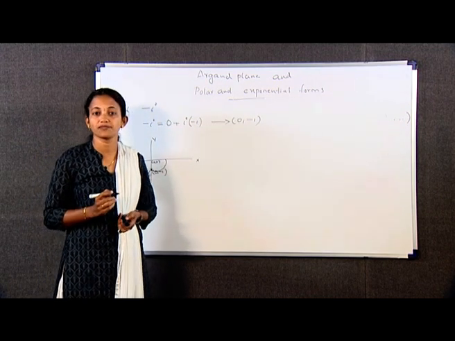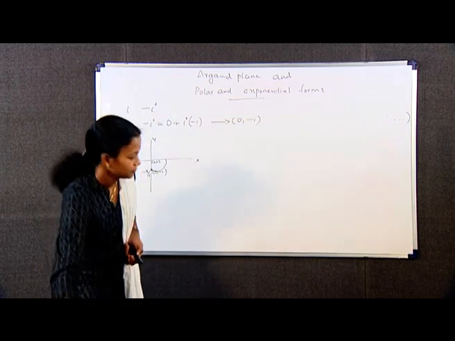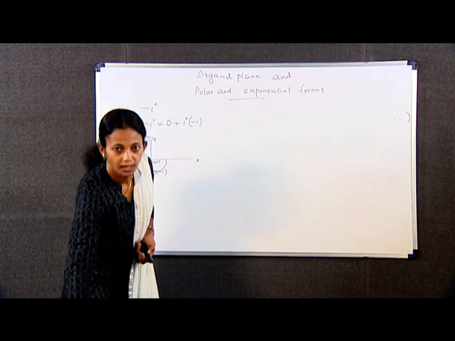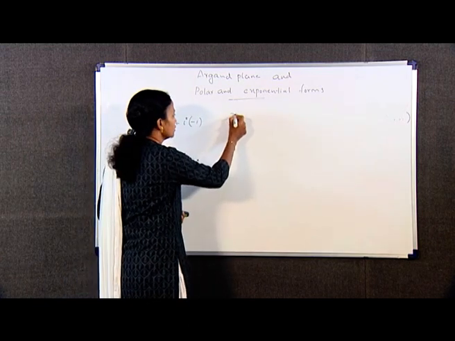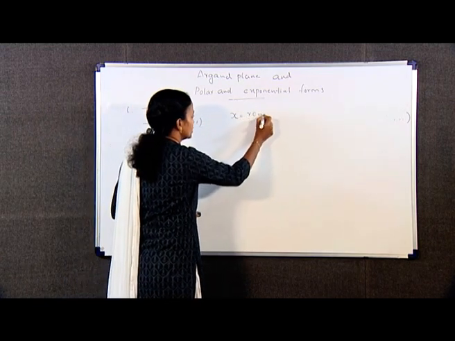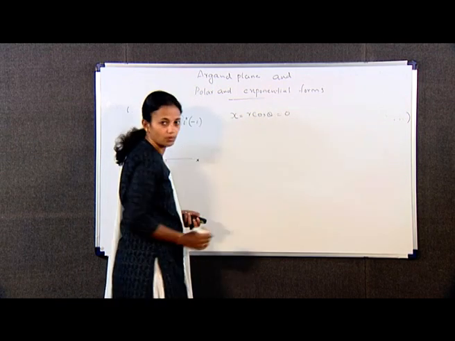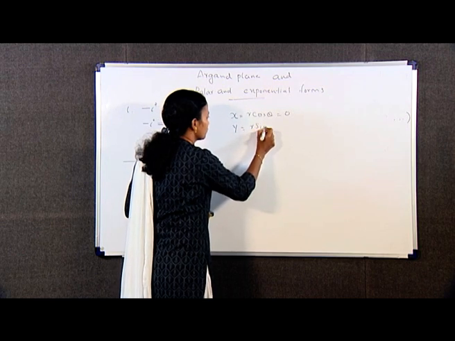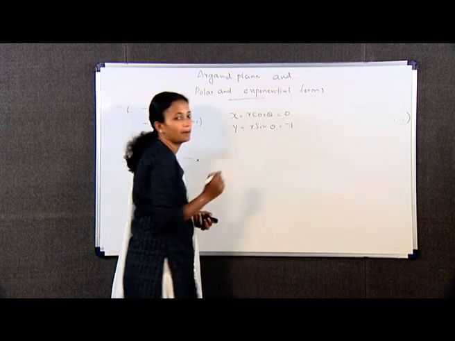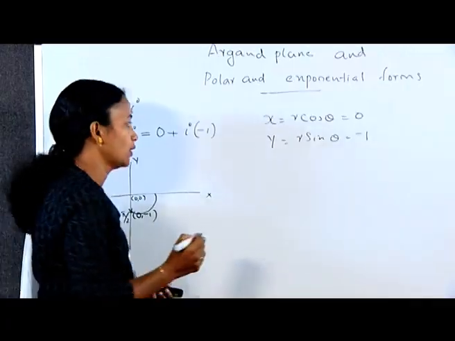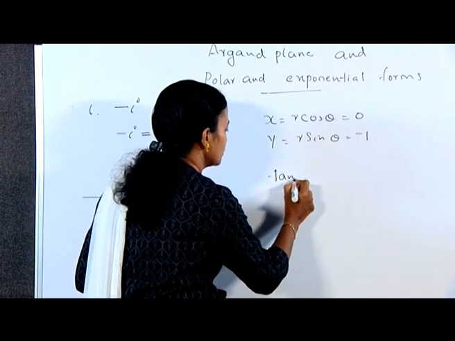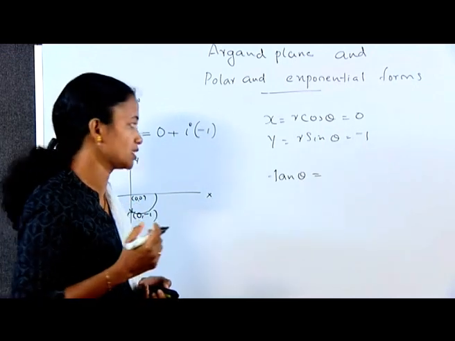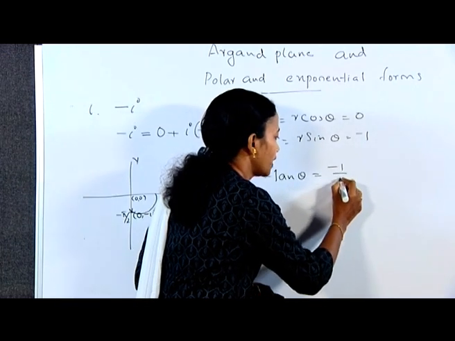We can also justify this as follows. That is, x is equal to r cos theta, which is equal to 0, y is equal to r sin theta, which is equal to minus 1. So, tan theta is equal to y by x, which is equal to minus 1 by 0.